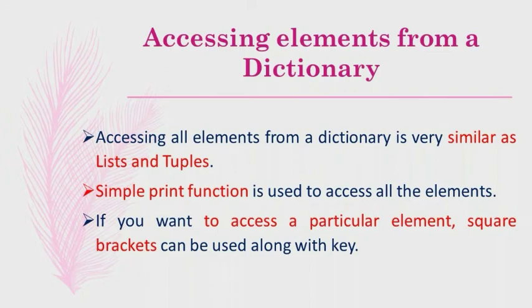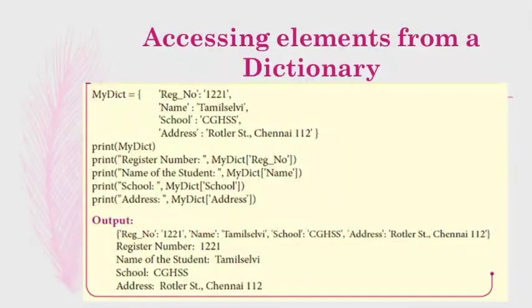Let us see one program. In this program, my_dictionary is the dictionary name. Within the curly braces, keys and values are given. Register number, name, school, address are the keys. 1221, Tamil Selvi, CGHSS, Rotler St, Chennai 11 are the values.